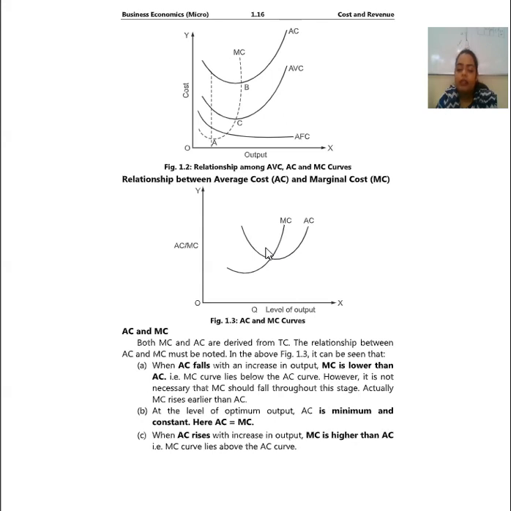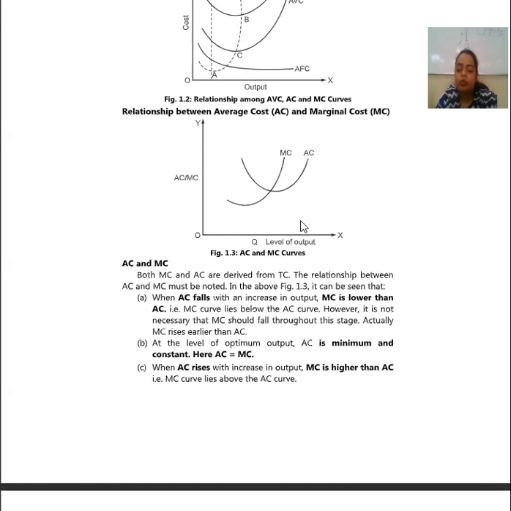However, it is not necessary that marginal cost should fall throughout this stage. Actually, marginal cost rises earlier than average cost. At the level of minimum output, average cost is minimum and constant. Here AC is equal to MC. When average cost rises with increase in the output, marginal cost is higher than average cost.